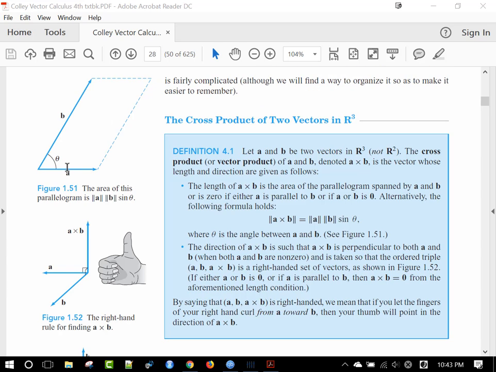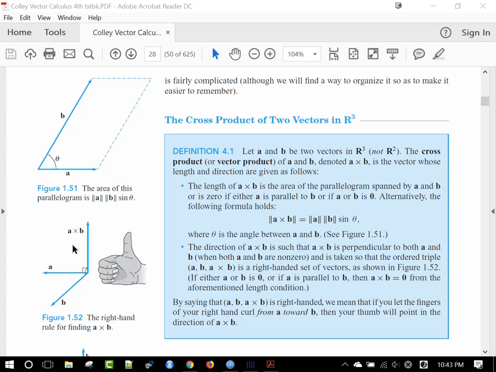So this is a little bit hard to talk about without doing a demonstration with one's hand, but if you do the right hand rule, so if this is the right hand of somebody, if you did the left hand and did the same thing that we're going to say to do here, your thumb would actually point down.